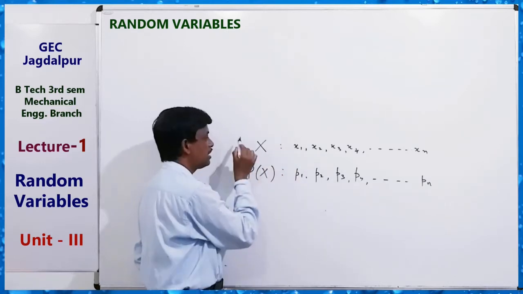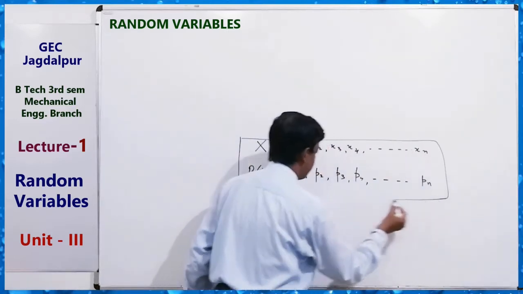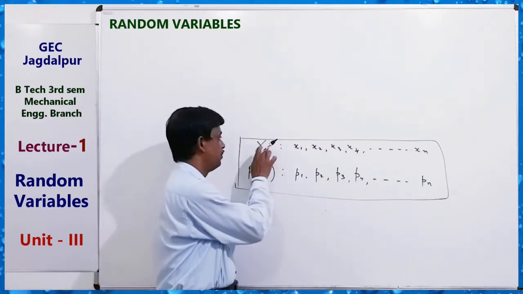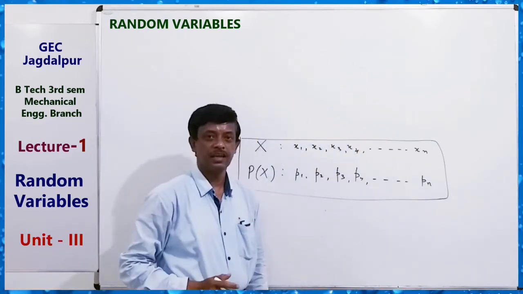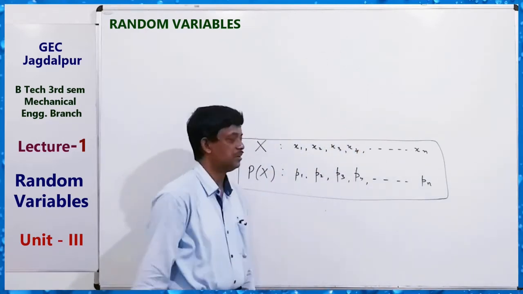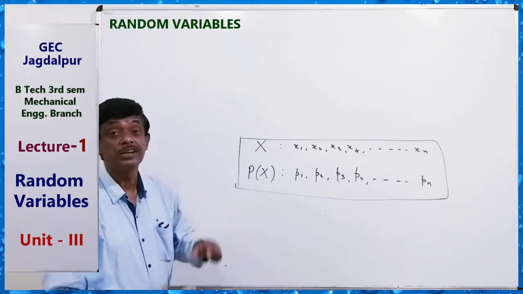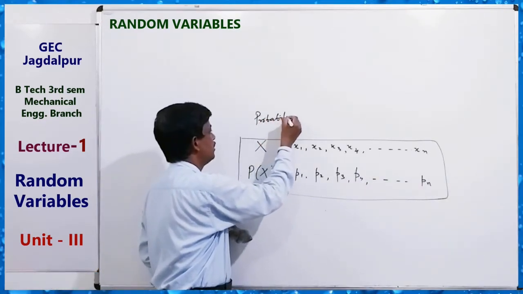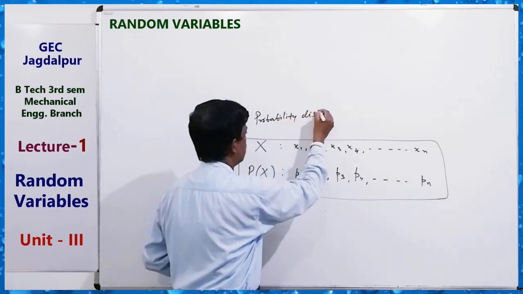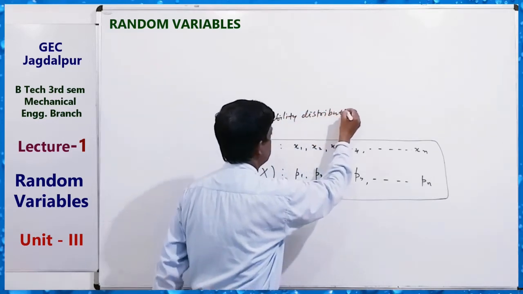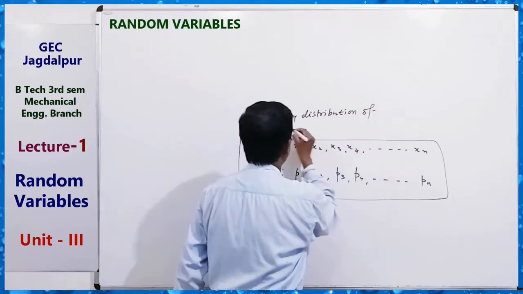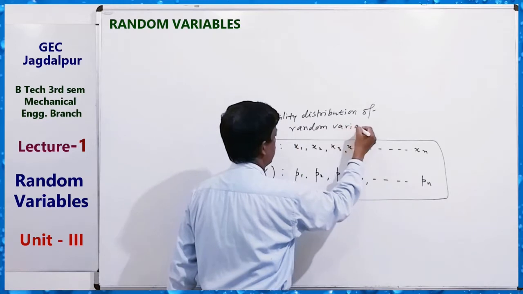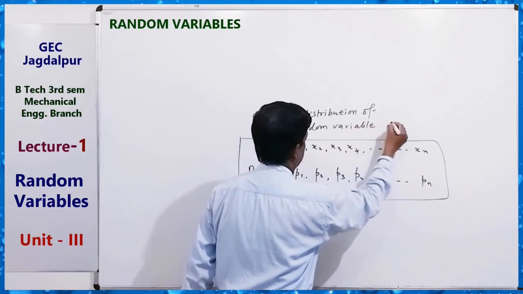This type of listing of the values of a random variable and the corresponding probabilities is called the probability distribution of the random variable x.